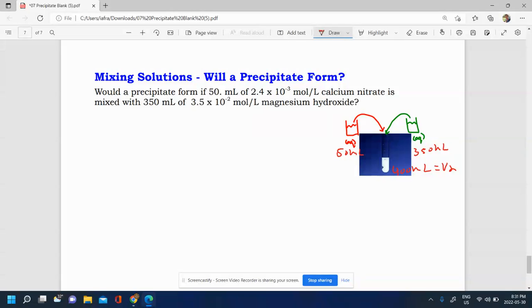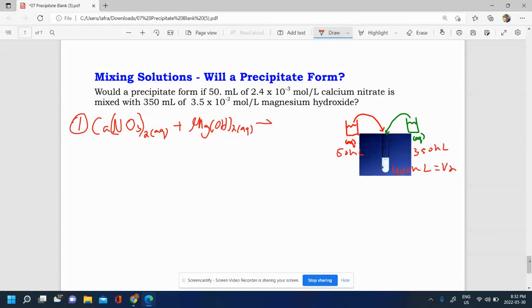So let's go ahead and write out an equation for this. We have a solution of calcium nitrate. Calcium is +2, nitrate is -1, so this is calcium nitrate, plus magnesium hydroxide, a solution.